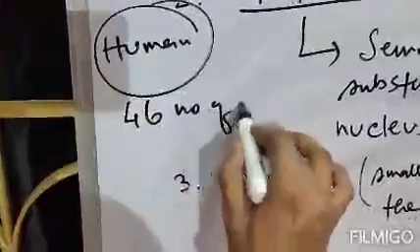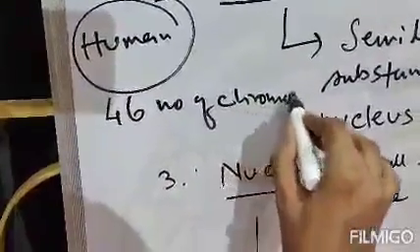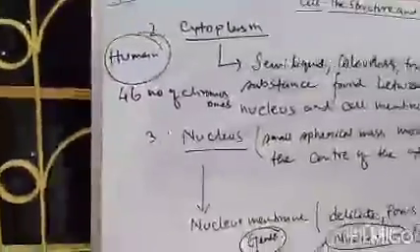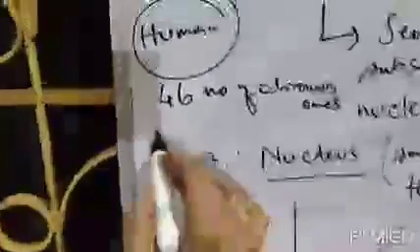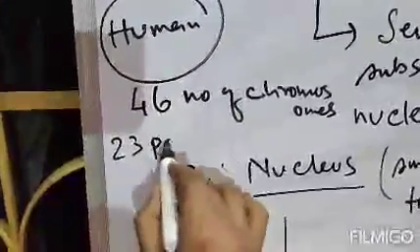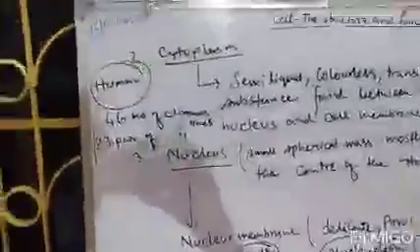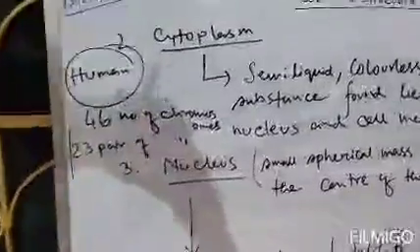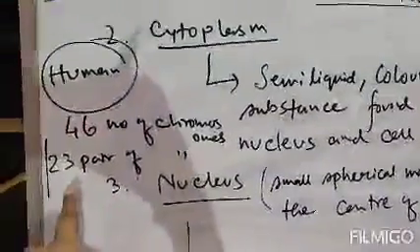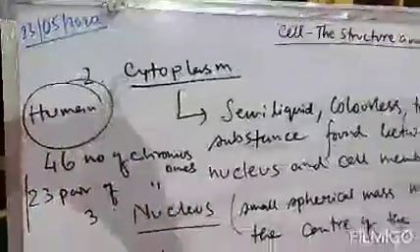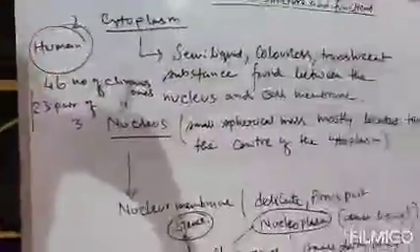The human body has 46 chromosomes, or you can write 23 pairs of chromosomes. If you write pairs, then write 23, and if you write the number of chromosomes, then write 46. Both are the same. Clear? So remember this data very carefully.